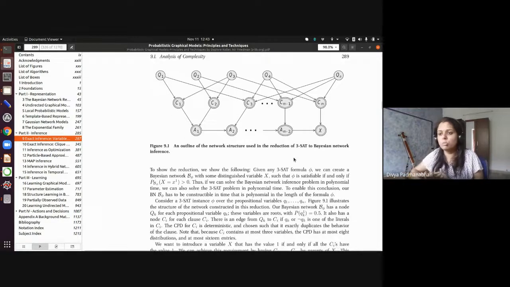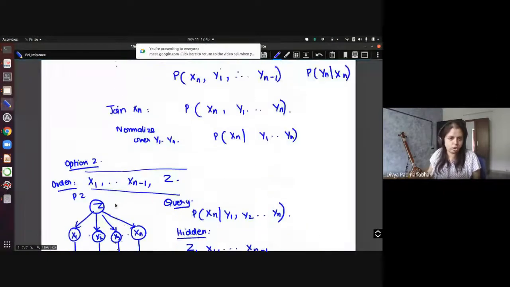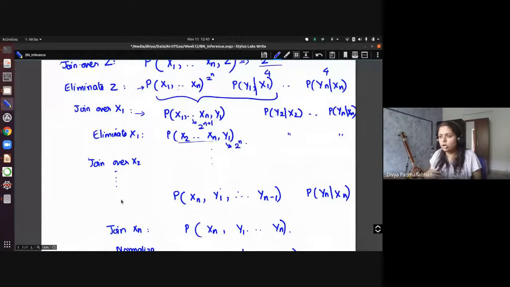I'm not going into more details here. This just illustrates that the variable elimination algorithm is not always efficient. There is a hardness here, but for some special graph structures, it works.